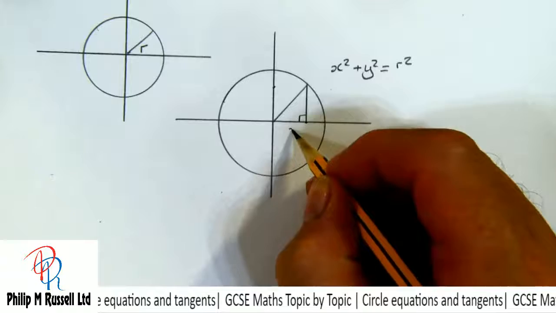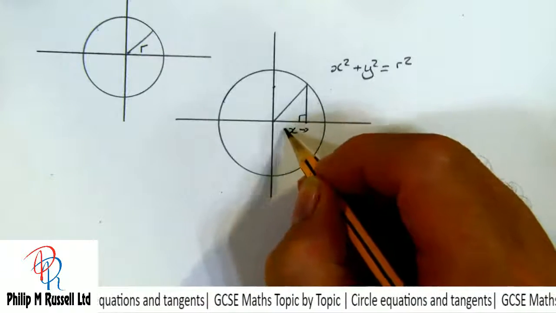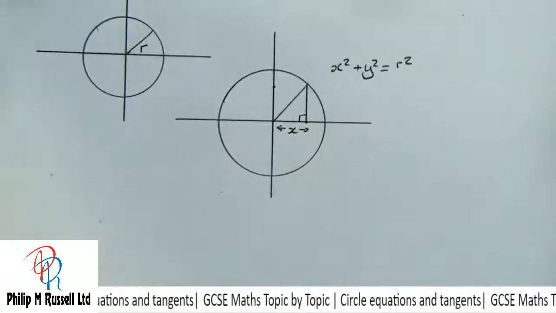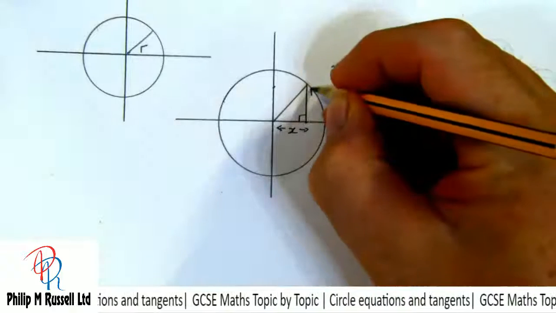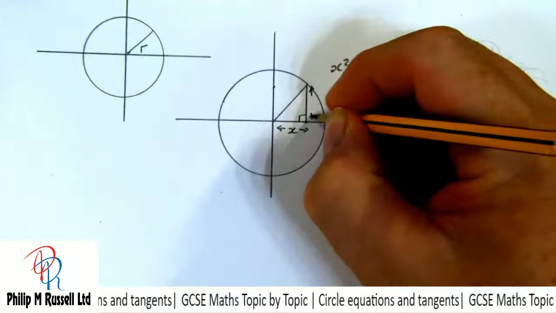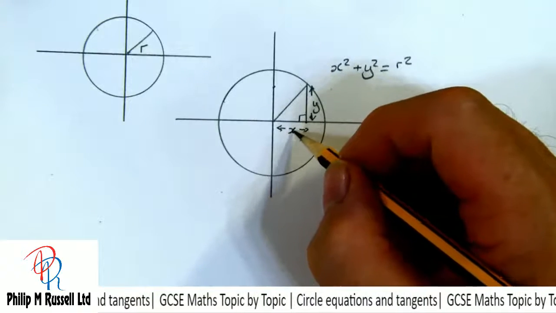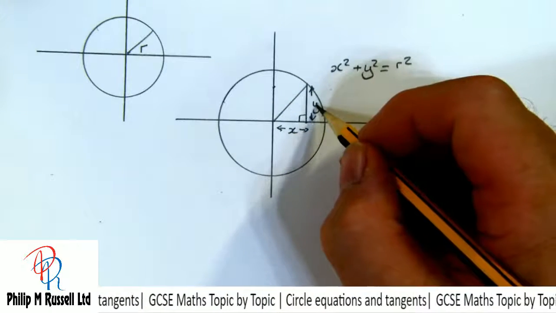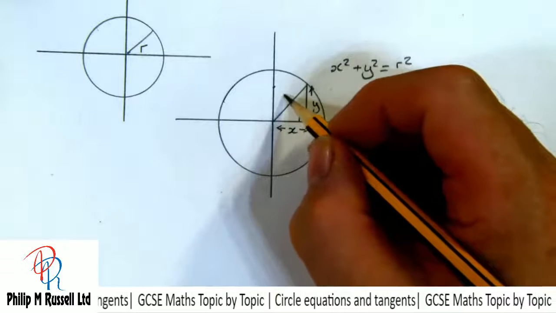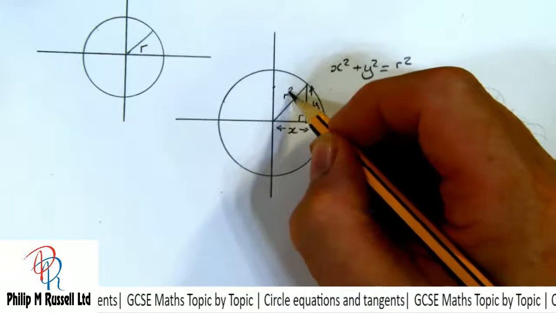This distance here might be x, and this distance here is y. If I square this side and I square that side, that gives me the radius squared.